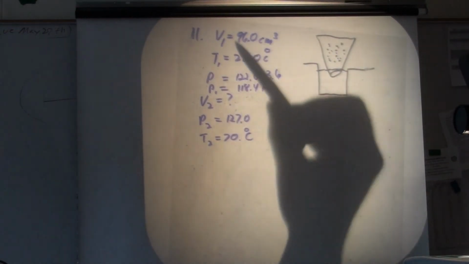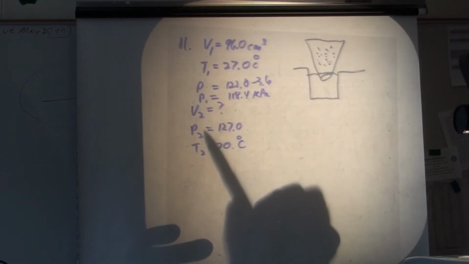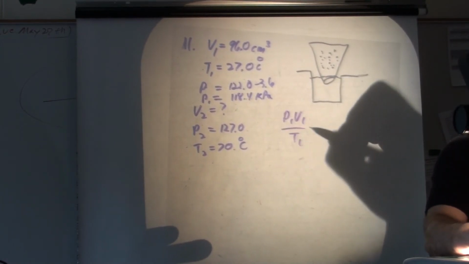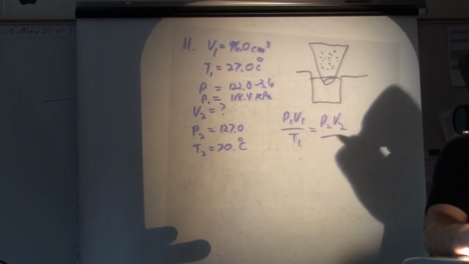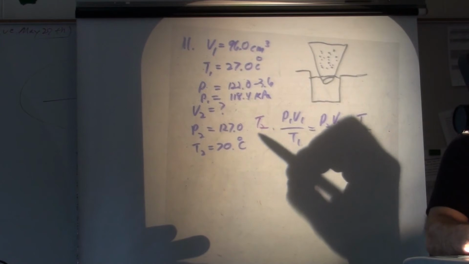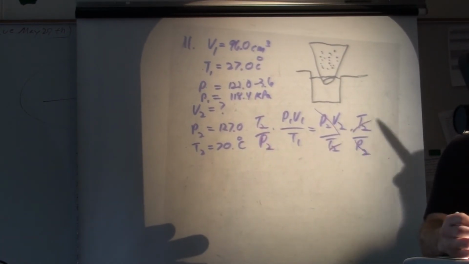So now we've got V1, T1, P1. We've got P2, we've got T2. We're trying to find V2. We will use the combined gas law. Multiply both sides by T2 over P2. That cancels.